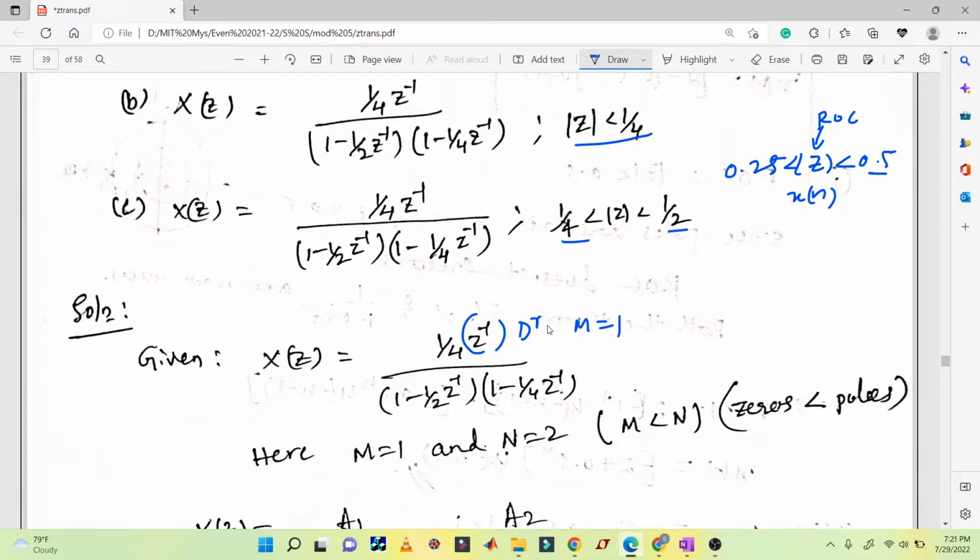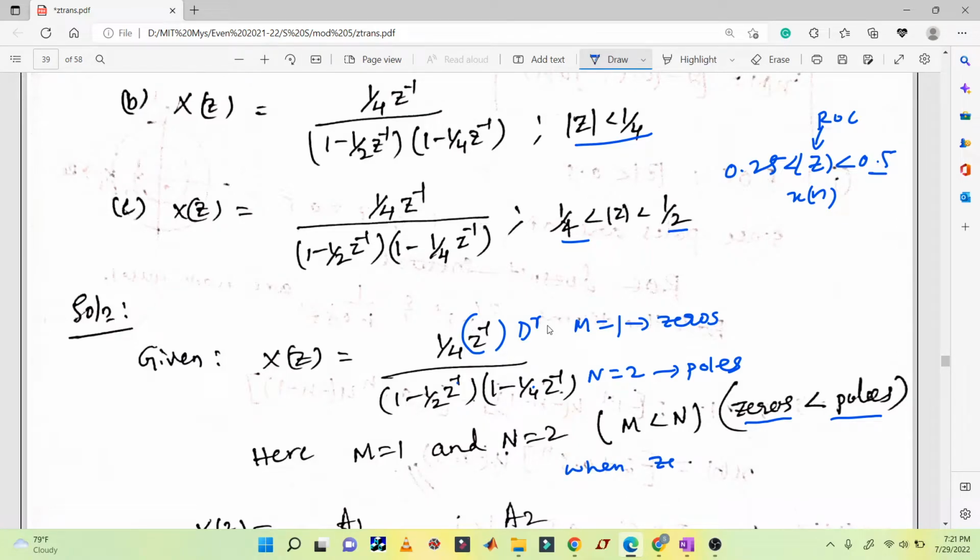How many z's are there in the numerator? 1, 2. That means n is equal to 2. This 1 corresponds to the number of zeros. This 2 corresponds to the number of poles. When zeros are less than poles, we can directly apply the partial fractions.